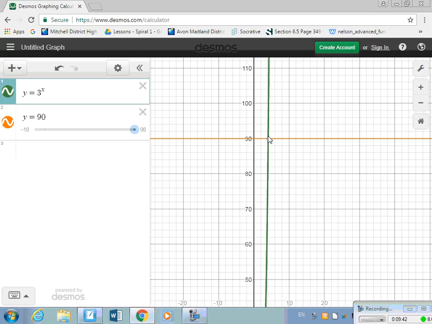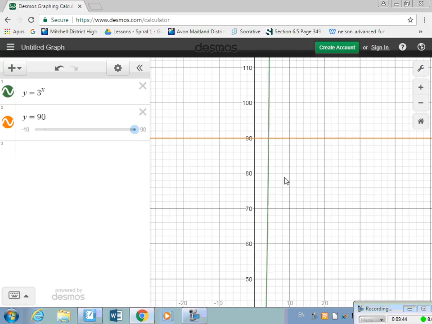What this app will do for you is give you certain points. Here, if you notice, it gave me the point where it crosses the y-axis, but what I'm interested in is the point of intersection. So the answer to this one, first of all, we have approximately 4.1.